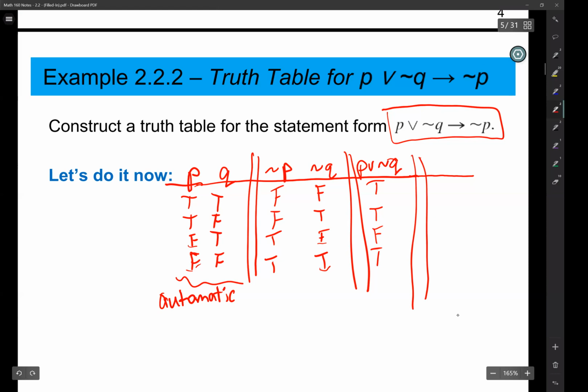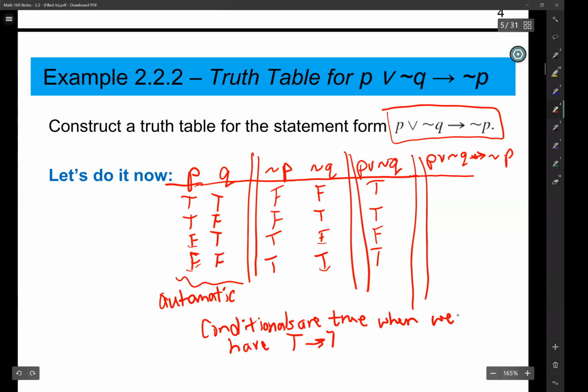All right. So then we can answer a question. What about the conditional overall? P or not Q implies, sorry, can't draw arrows today, implies not P. Well, conditionals are going to be true when we have true implying true, and also false implying true, and also false implying false.